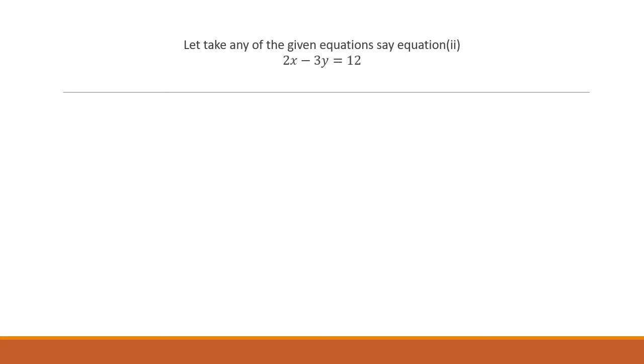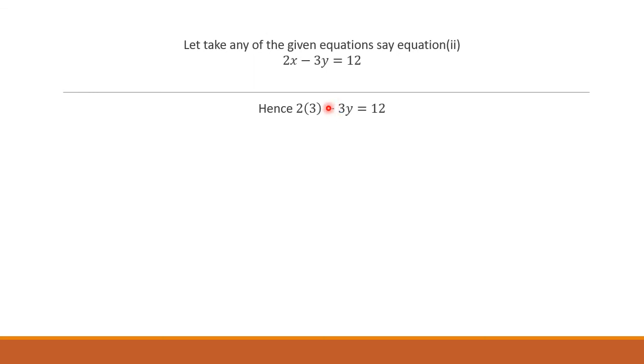equation 2, and equation 2 is 2x minus 3y, which is equal to 12. Okay, so here therefore we are going to take the value of x before, which was 3, then we substitute it in place of what? In place of x. So we are going to have 2 times 3 minus 3y is equal to 12. Another mistake here.